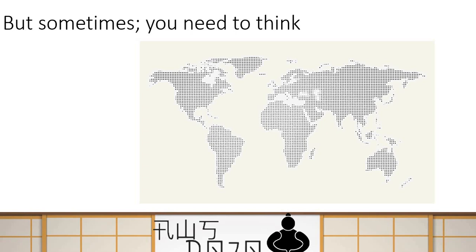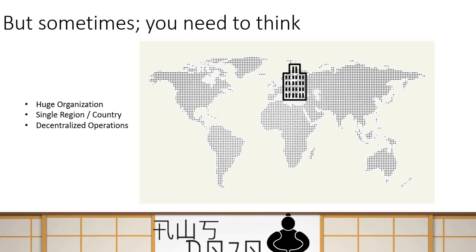And then there are other scenarios where I have a huge organization in a single country, but still decentralized. Sometimes your organization is big in a country, but your operations are decentralized even within one country. In that case, within one organization, one country, one region, you can have multiple data lakes.